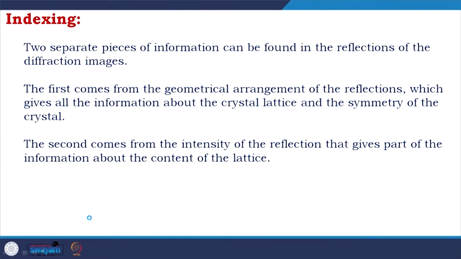They are important because they will now help you to understand indexing. The second comes from the intensity of the reflection, which gives part of the information about the content of the lattice.